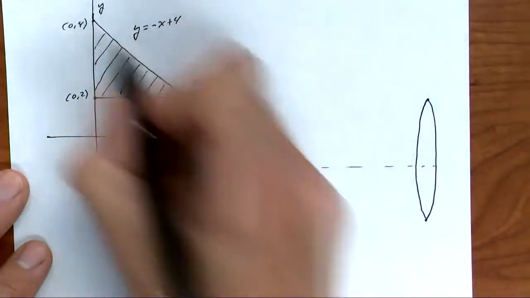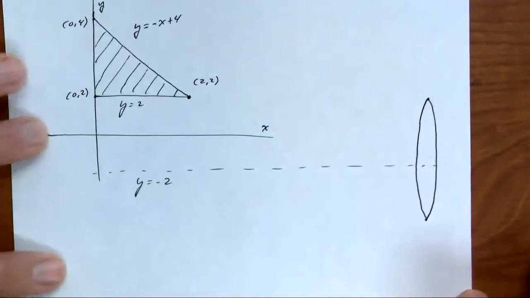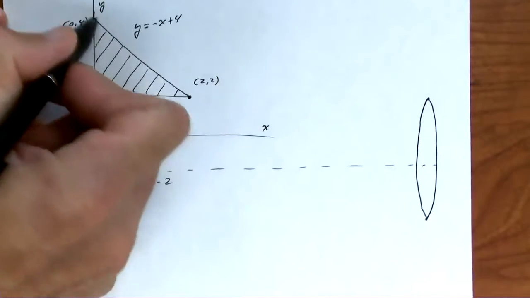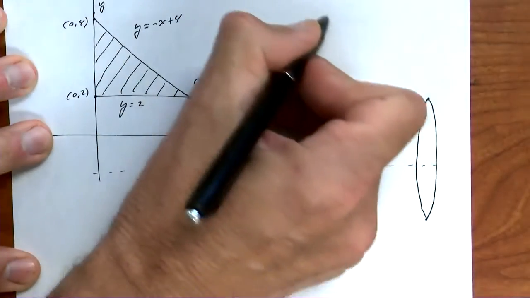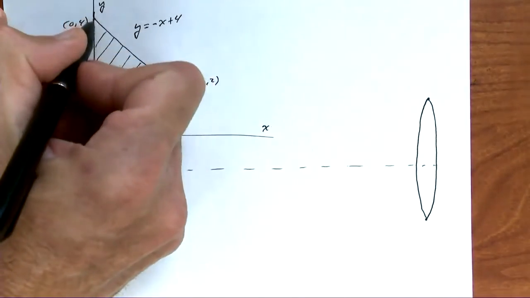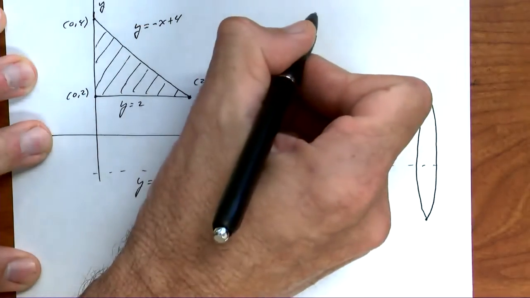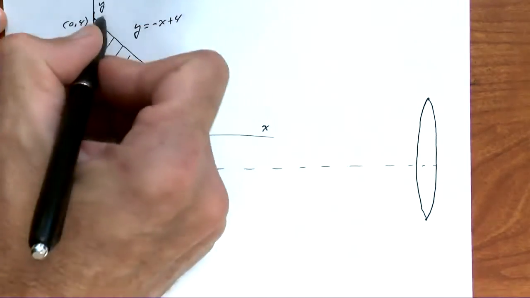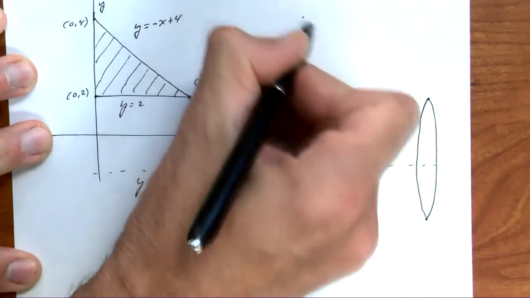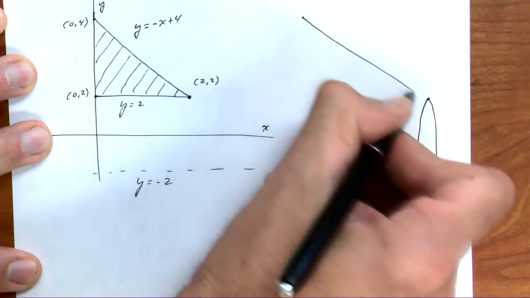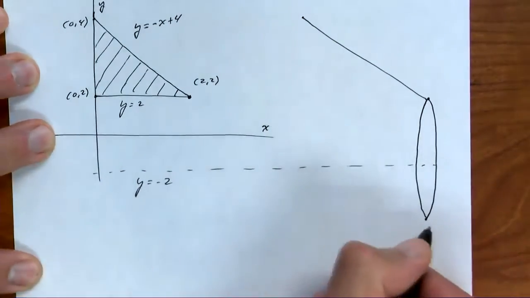This line right here is going to correspond to that same line. So that same angle that I've got right there is going to be the same angle here. In fact, I'm going to bring this straight across here, somewhere right around there. And I got a matching one down here.